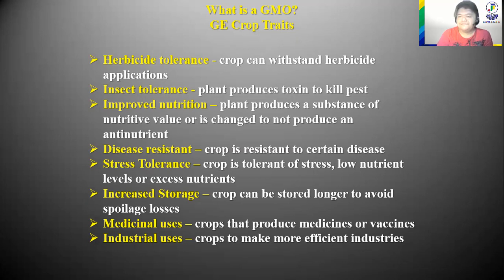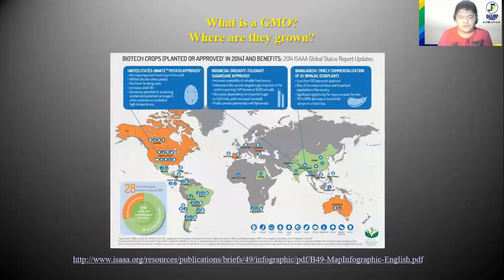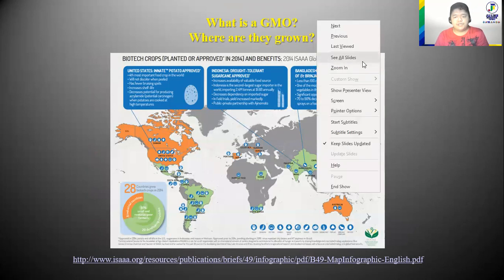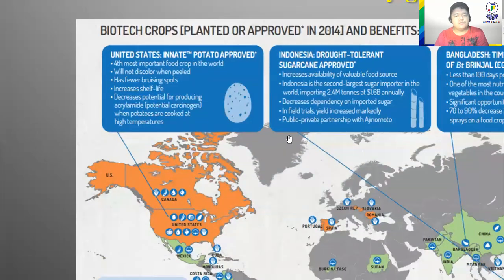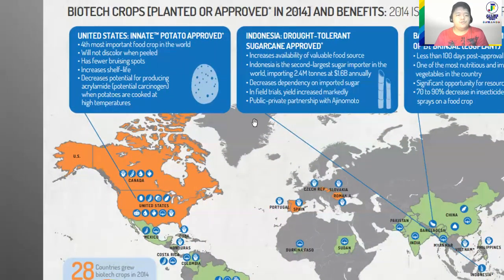Right. So where are these GMOs being grown? As an illustration, you can see most of them, for example, in the US, like Innate potatoes. These are one of the most important crops in the world. Innate potatoes are genetically modified potatoes that don't discolor when you peel them.